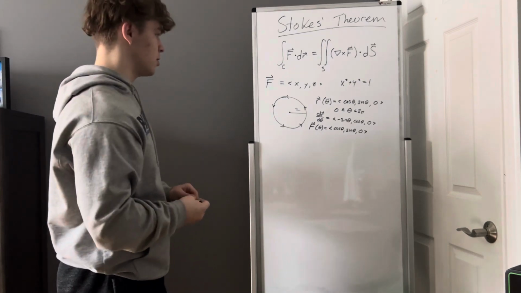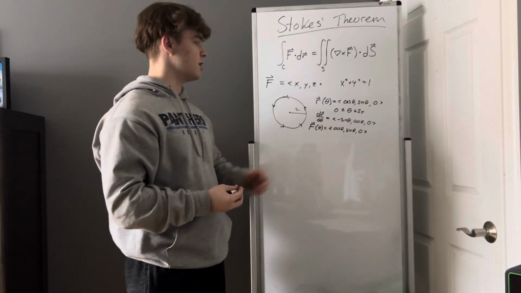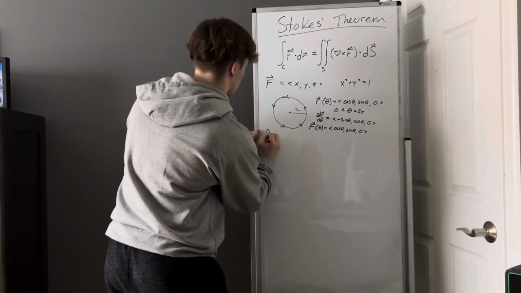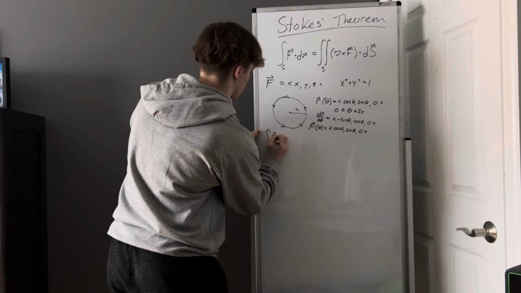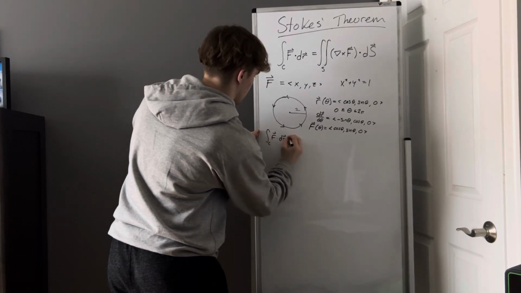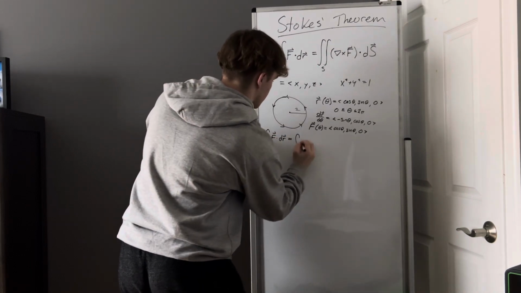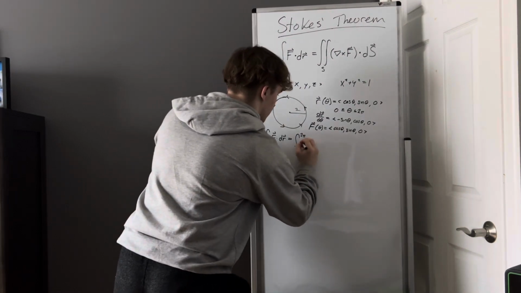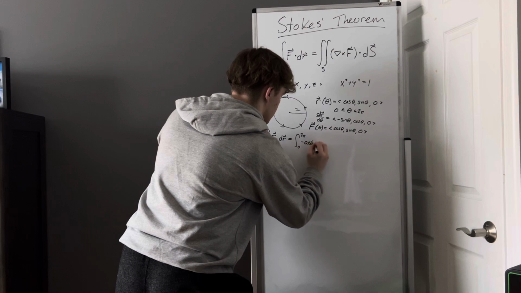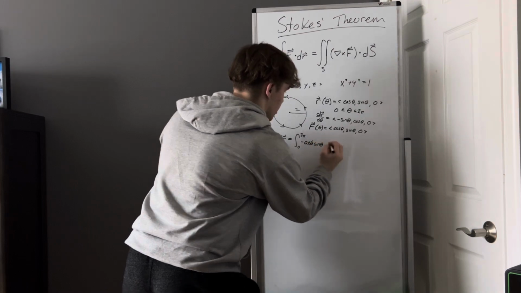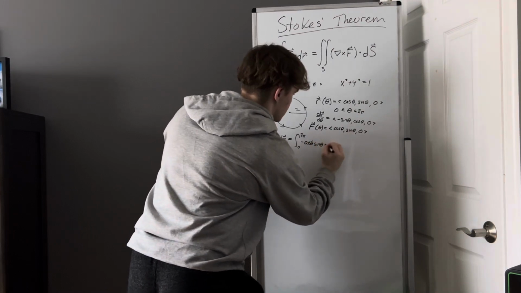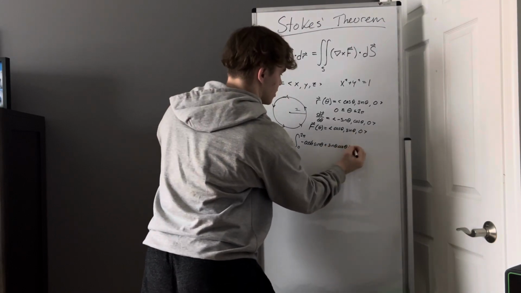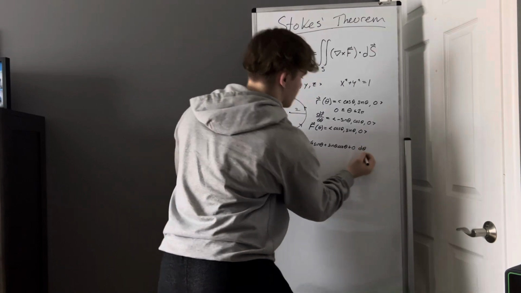Okay, so let's dot this with this. What we are going to get is the integral over C of F dot dr is equal to the integral from 0 to 2 pi of negative cos theta sine theta plus sine theta cos theta, I guess we could add plus 0 just to be clear here, d theta.